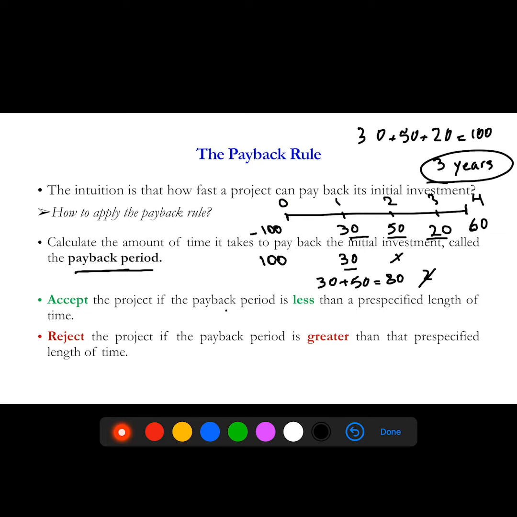So here I calculated it as 3 years. If the pre-specified length of time was 4 years, I'm going to accept. But if the pre-specified length of time was 2 years, I'm going to reject. Okay, so this is reject and this is accept.